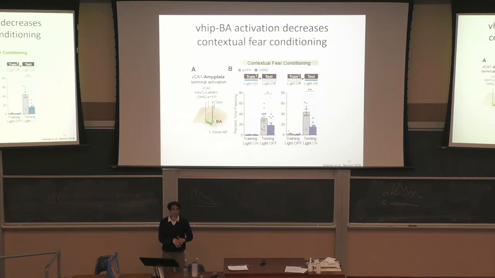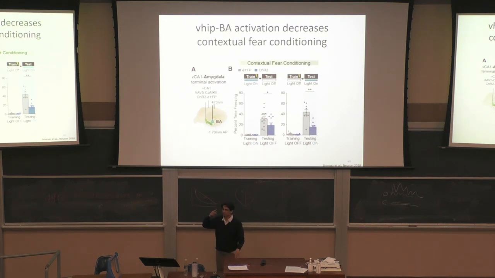Okay, but there's something very strange happening if you think about other things we learned in class. Here we are exciting the projection, so more neural activity, and you get less freezing, right? But if you remember, we said that lesions of either of these regions cause less freezing in contextual fear conditioning.